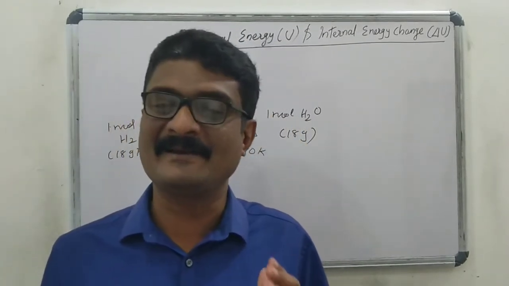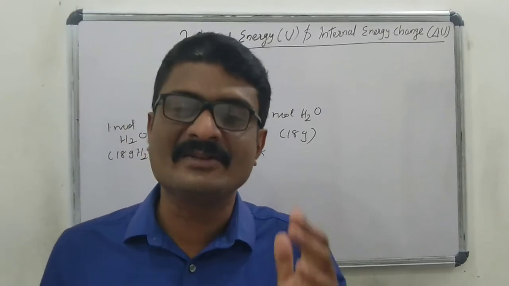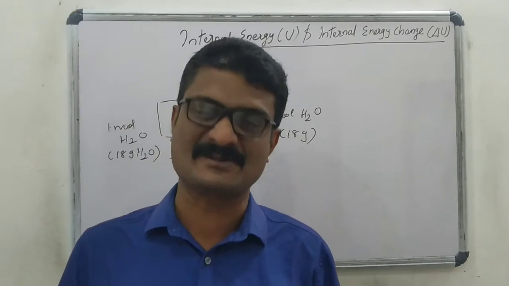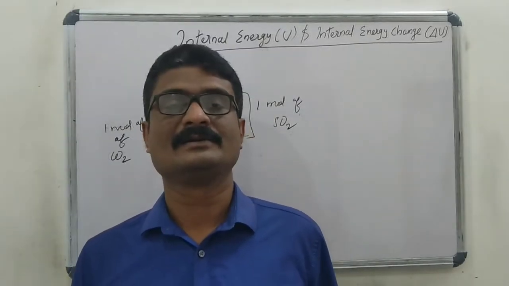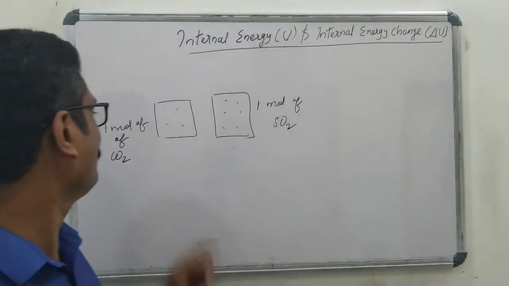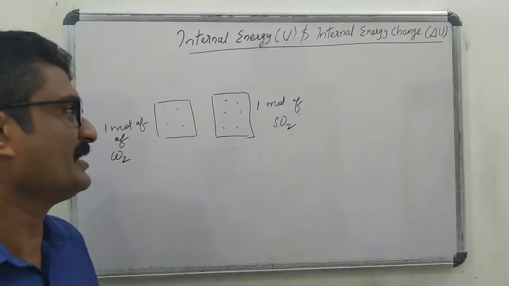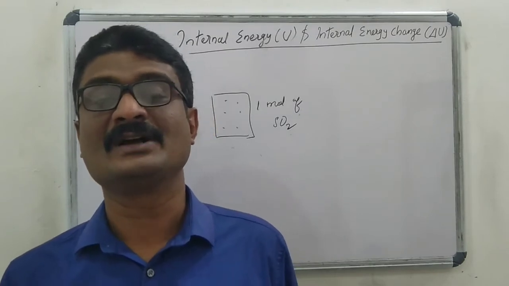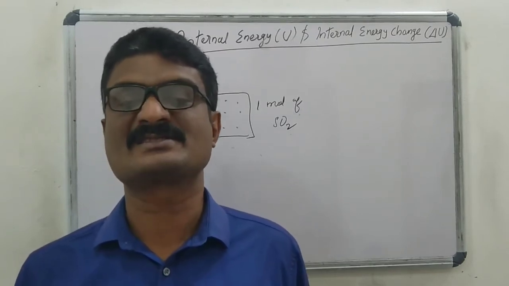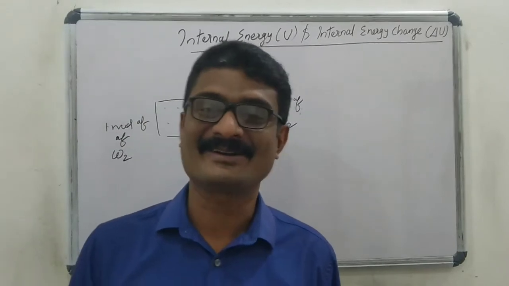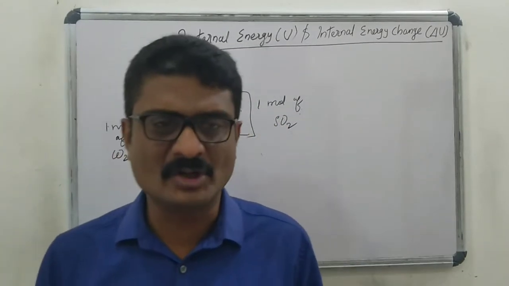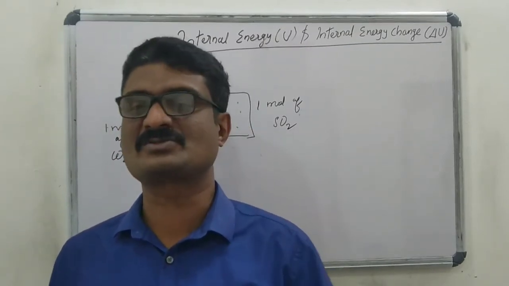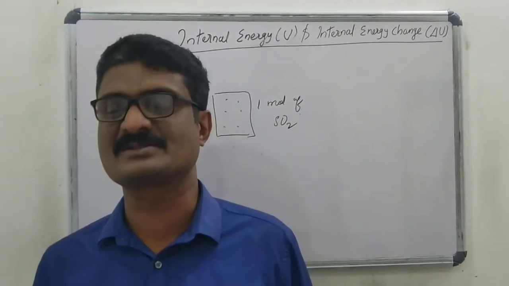Then the internal energy of a substance depends on the nature of the substance. For example, the internal energy of 1 mole of carbon dioxide is different from the internal energy of 1 mole of sulfur dioxide. We know every substance is made up of atoms, molecules or ions.